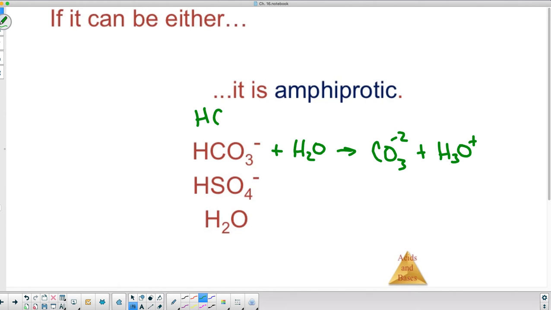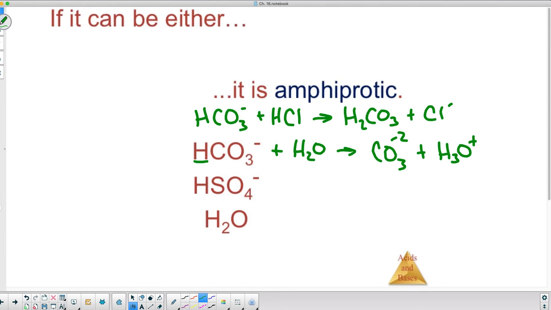Right here, HCO3 minus plus HCl, then it could accept a proton like this, like that. Now, under these two circumstances, you can see that there's a difference.